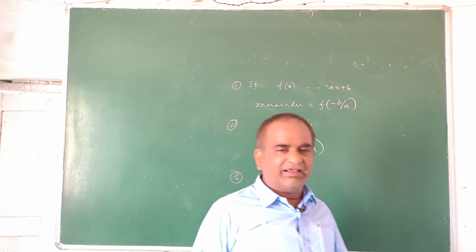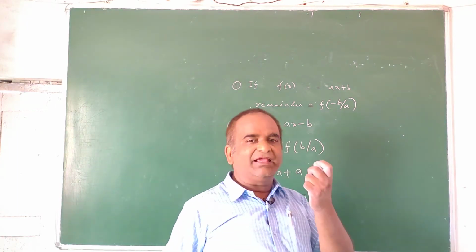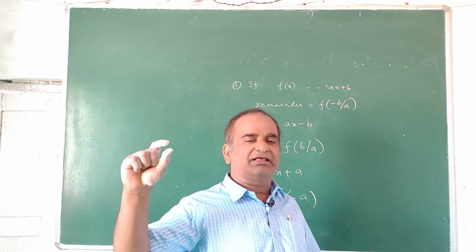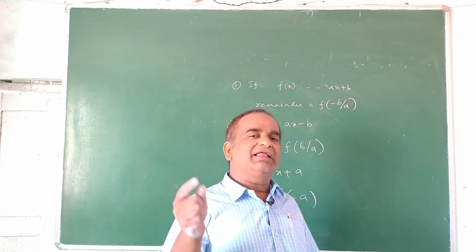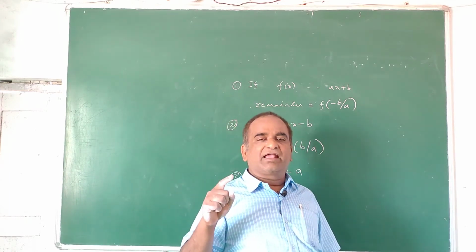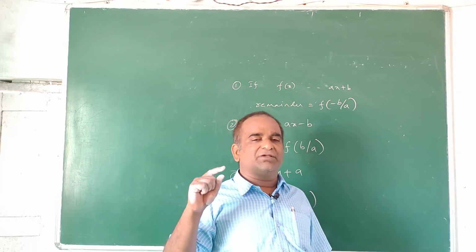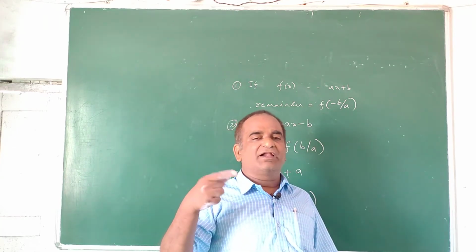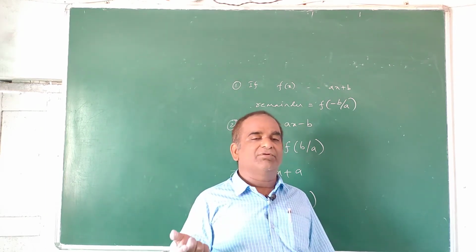Finally, the simple point is, whatever the divisor given, you go to rough work, you equate the divisor to 0. The divisor is a linear polynomial, I am saying. As long as the remainder theorem is concerned, the divisor should be only a linear polynomial. If the divisor is some quadratic or cubic polynomial, that remainder theorem is not applicable there.